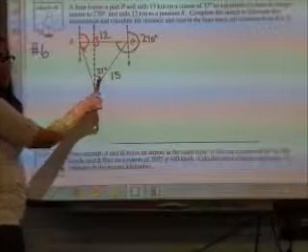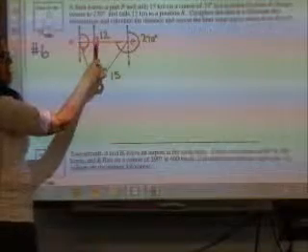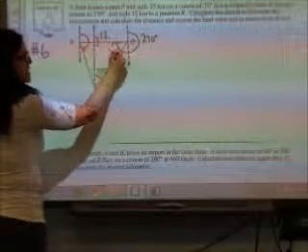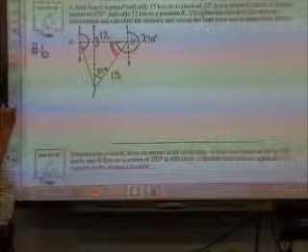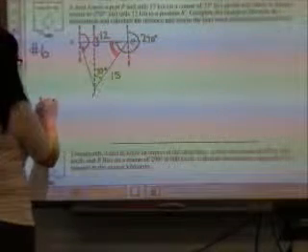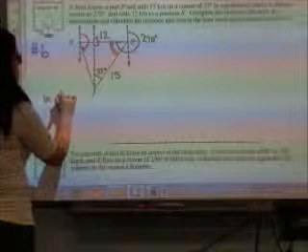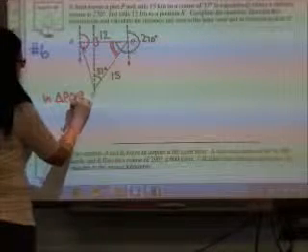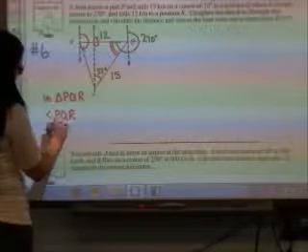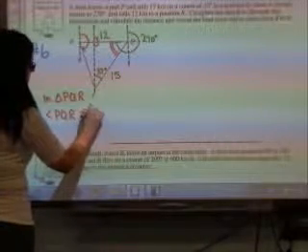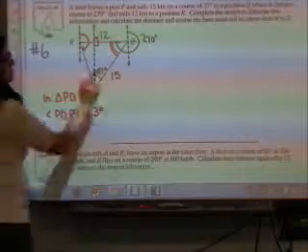So if this is 37 degrees and this is 90 degrees, what is this piece right here? So in that triangle, angle Q is 53 degrees.